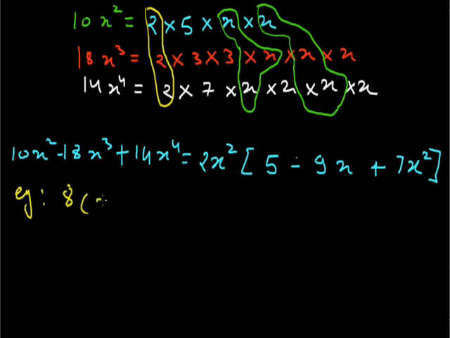8(3a minus 2b) whole square minus 10(3a minus 2b).